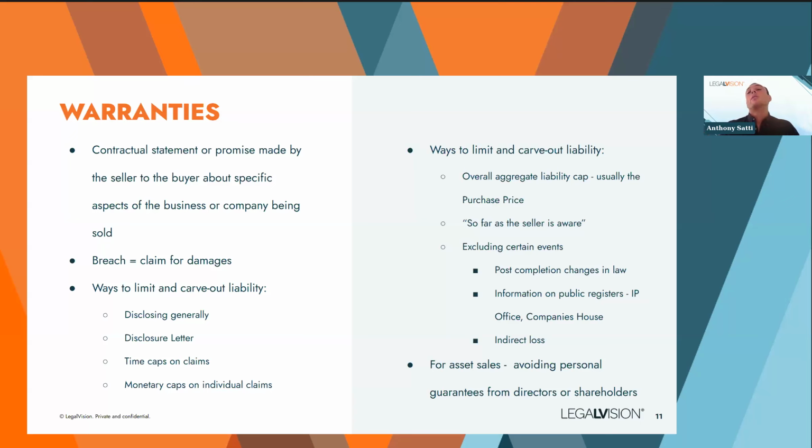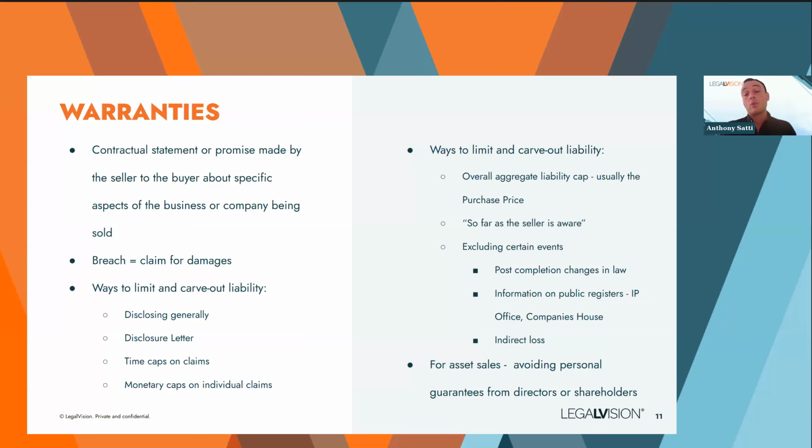More importantly, you should always be negotiating as sellers an overall aggregate liability cap on breach of warranty claims. And that's usually going to be limited to the purchase price, potentially a multiple of the purchase price, but usually it's just the purchase price.